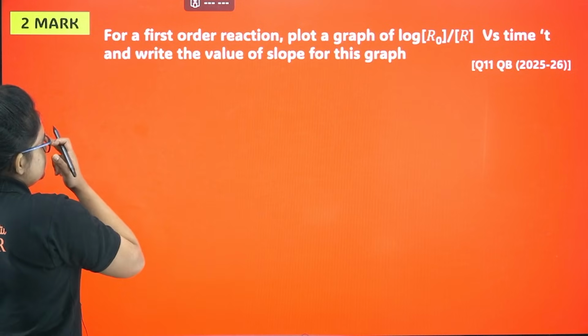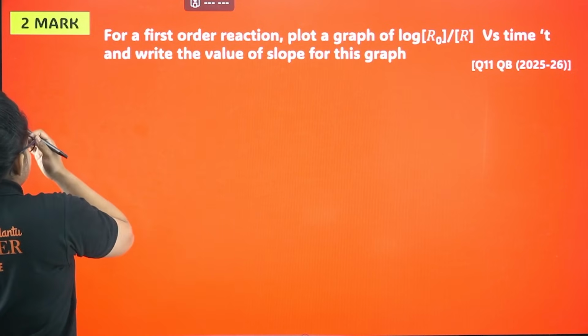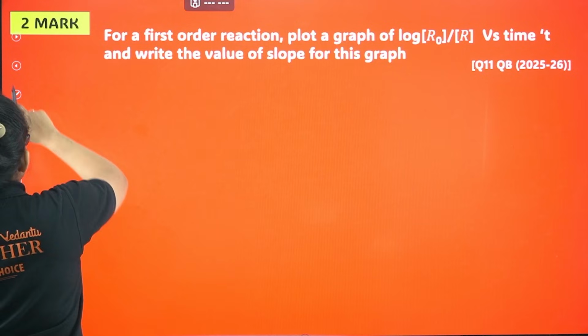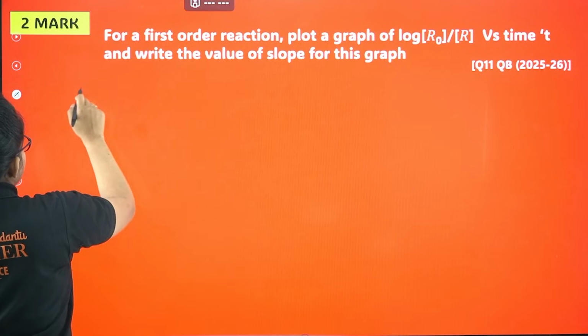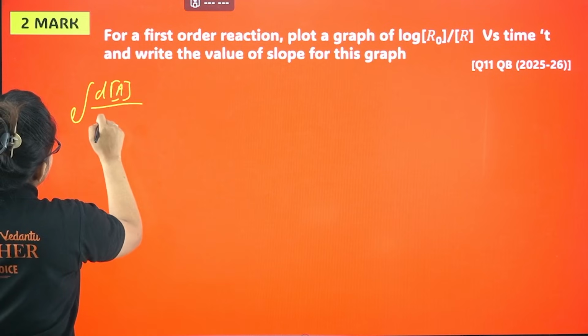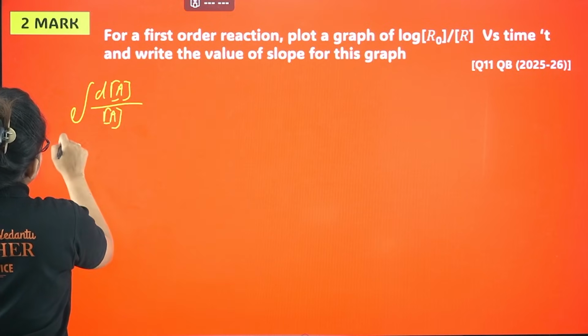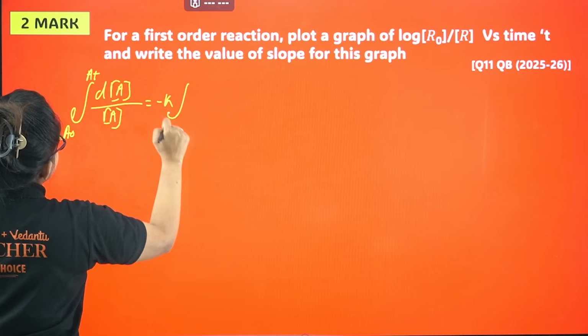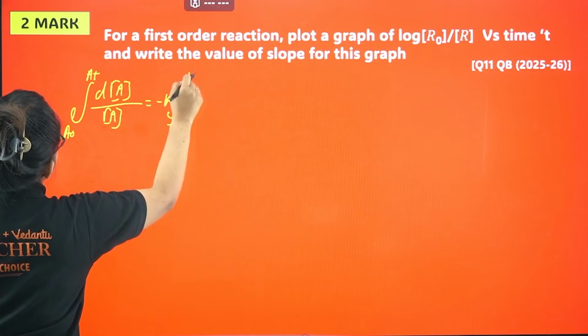Okay, so how you should do, if I show you from this step, integration of d of A by A naught to At equals minus k into integration of t equals 0 to t.